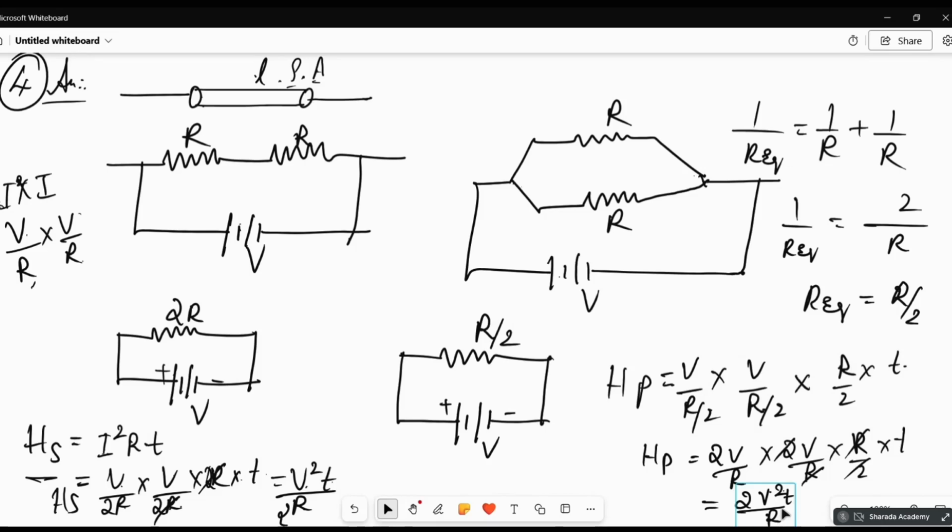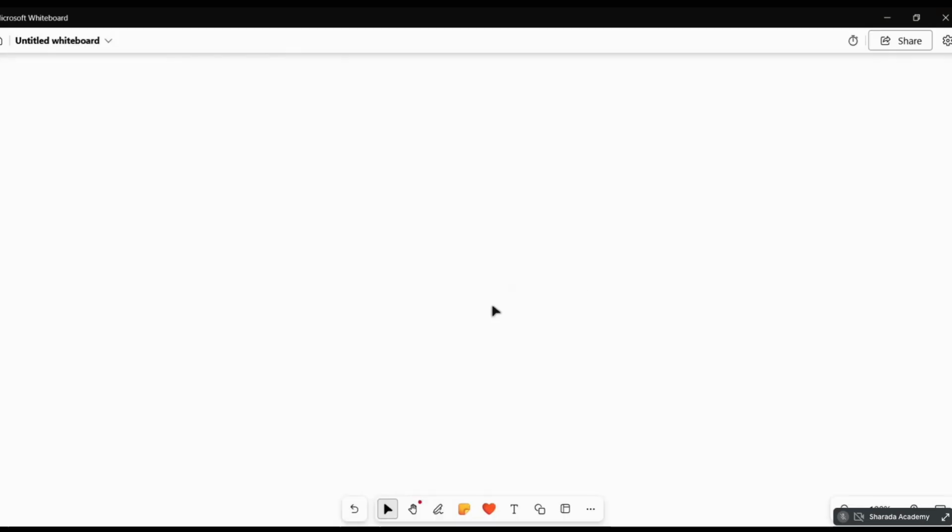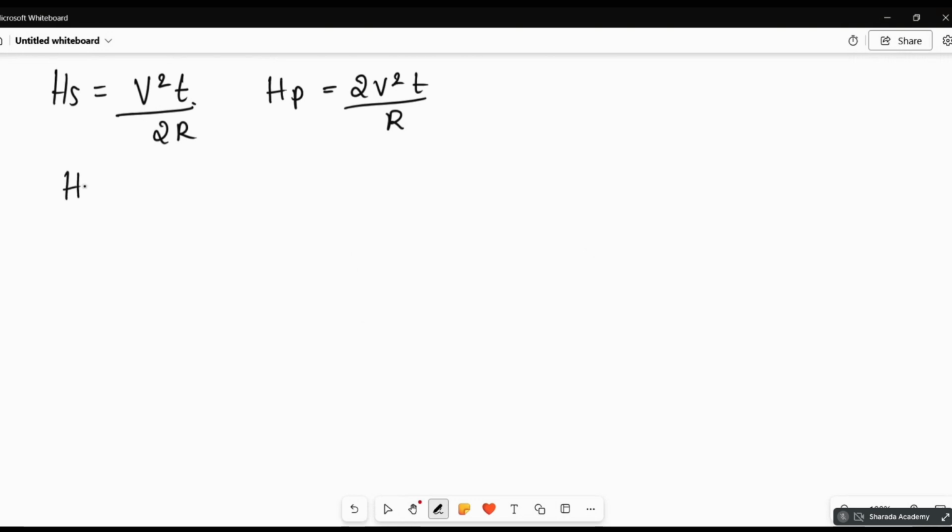Now I want the ratio of series by parallel. Now substitute the values. Series, I have V square into T by 2R. Parallel, I got 2V square into T by R. I want to find heat produced by series circuit by heat produced by parallel circuit.